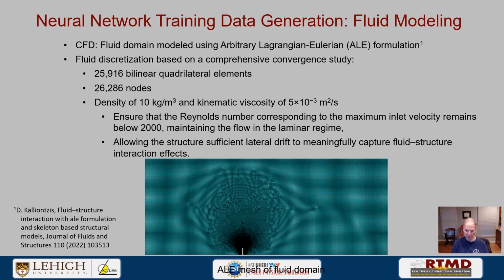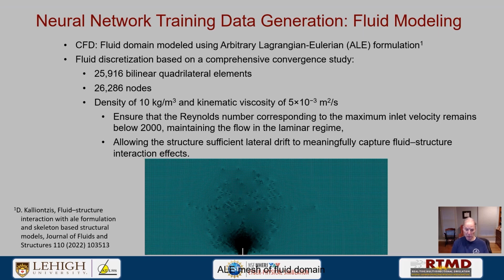The reason we chose those particular properties was for illustration purposes, where we want to ensure that the Reynolds number corresponding to the maximum inlet velocity, we're talking about fluids here, so Reynolds number is important, remains below 2,000, so as to remain in the flow regime that's laminar. And we actually had the unsteady laminar regime, so we did get vortex shedding, and you'll see this in a moment.